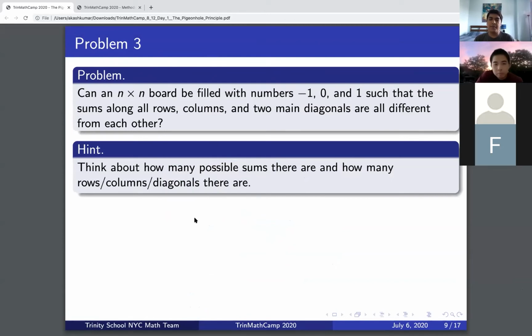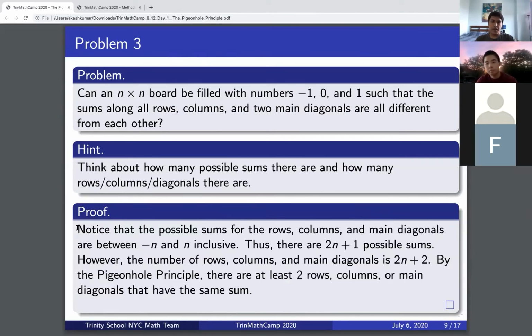So just think about how many options you have for those two things: the number of sums, and essentially how many times you're going to compute the sum. So the rows, columns, and main diagonals, that is. The possible sums are between -n and n, because, as Michael said, if you want to minimize everything, you take the smallest number you have, -1, and add that n times, you get -n.